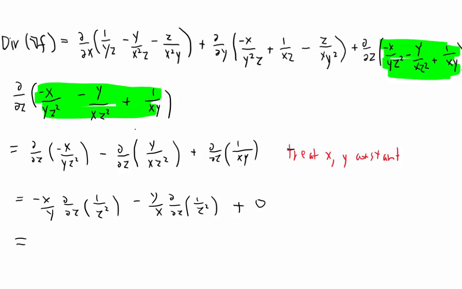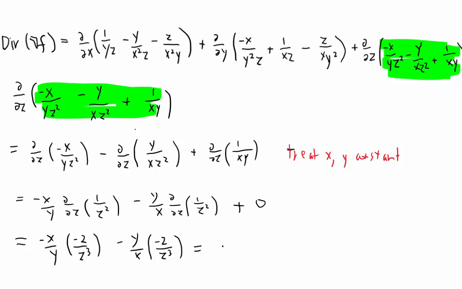After differentiation, the first term gives you minus x over y times minus 2 over z cubed, and the second term gives you minus y over x times minus 2 over z cubed.